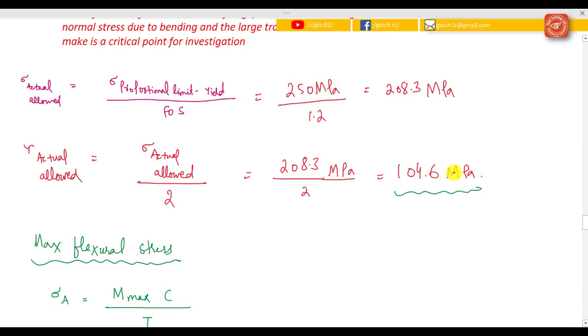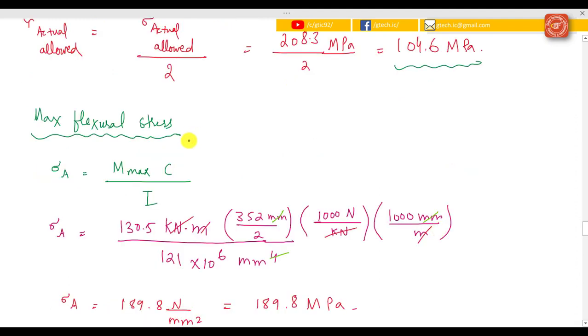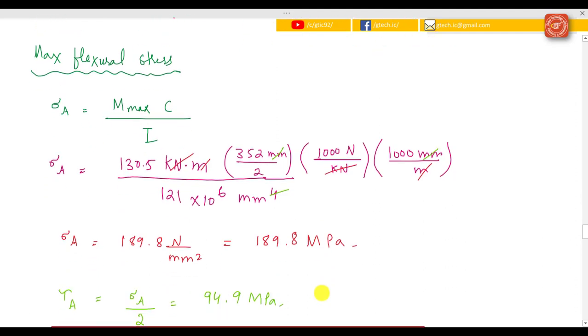104.6 megapascal. Okay, and so here is the maximum flexure stress formula, and we know I for my cross section from a reference for the wide flange I beam, and so I can go ahead and substitute in, and by doing some conversion factors I find the maximum normal stress is 189.8 megapascal, and again this is based on our maximum moment experienced of 130.5 kilonewton meter.